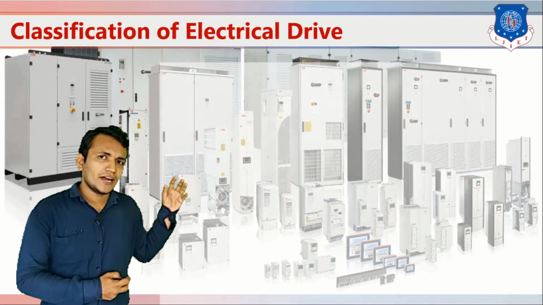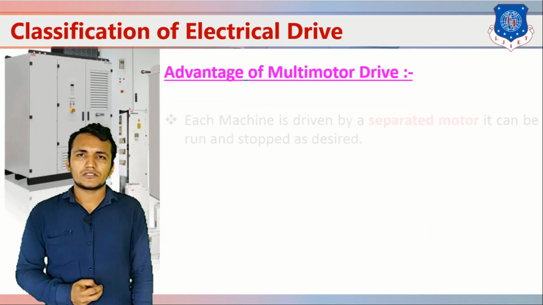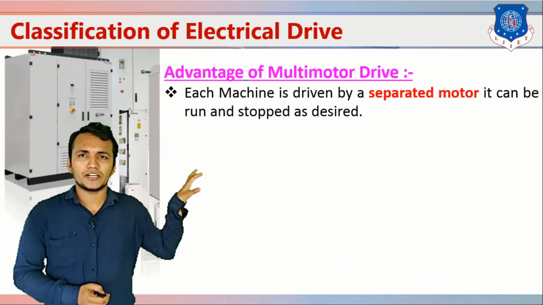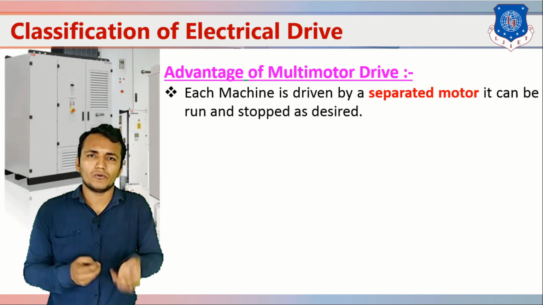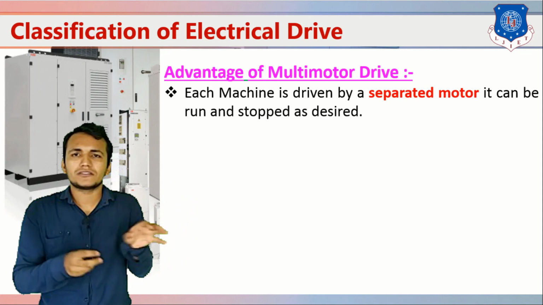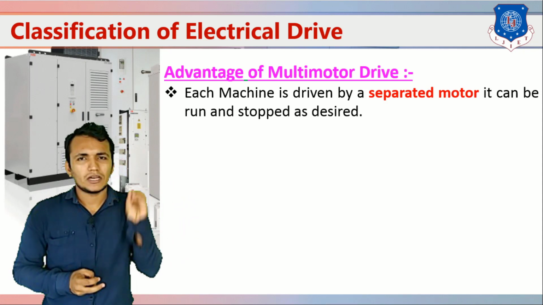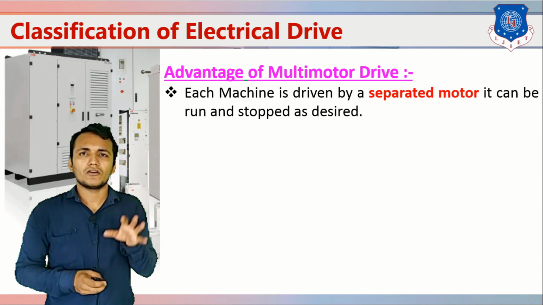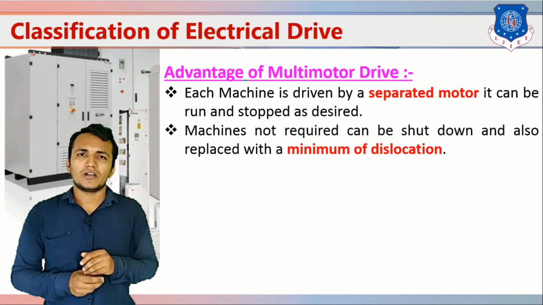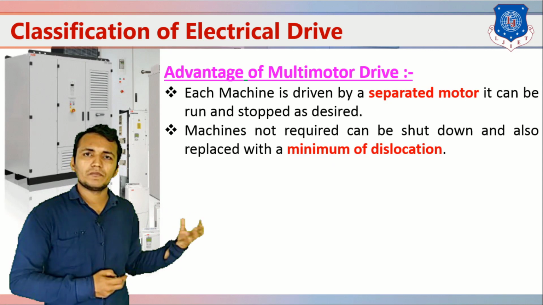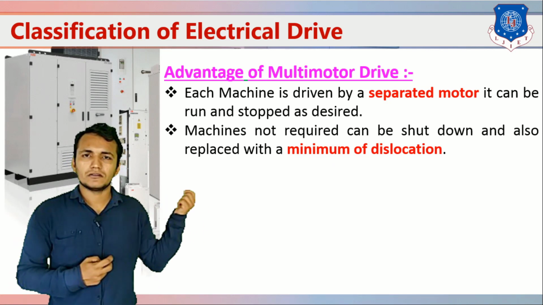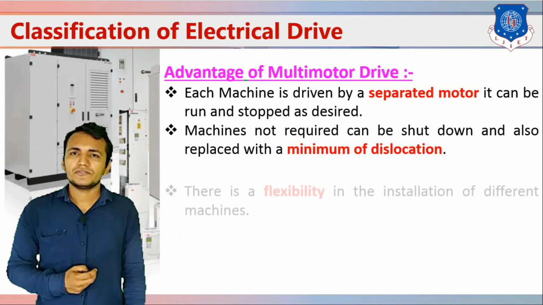If we see the advantages of the multiple motor drive system, each machine is driven by a separate motor. So if any kind of fault occurs in a motor, the whole system will not shut down; only that operation will be shut down, so it can run or stop as desired. Then a machine that requires it can be shut down and also replaced with minimum disruption. So those are the advantages for multiple motor drives.